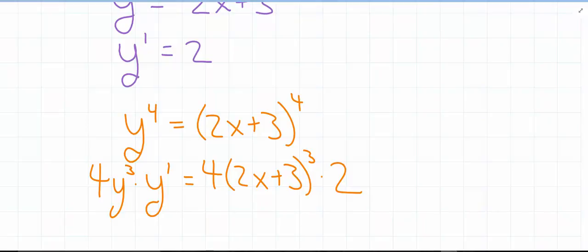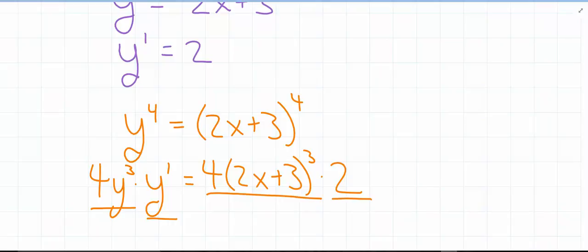Okay? So notice I differentiated both sides, but the left-hand side is the same as the right-hand side. It's just I've got a little bit different notation. It looks a little different. But notice that I've got 4y cubed. Here's 4y cubed, right? Because we said that y is 2x plus 3, times y prime.